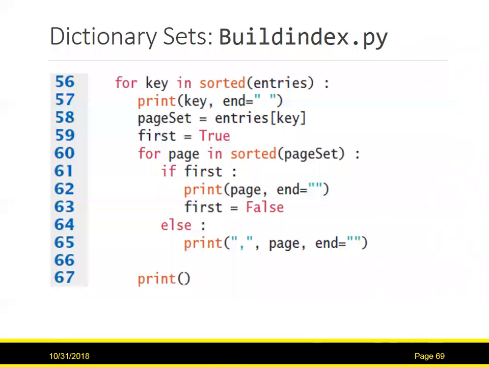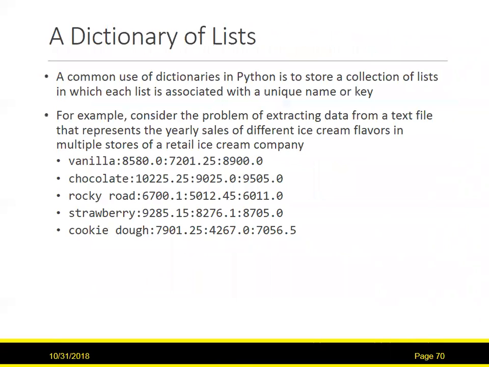So here he's printing each page number one at a time, separated by a comma, and with end set to blank, so there's no new line. So it all comes out on one line.